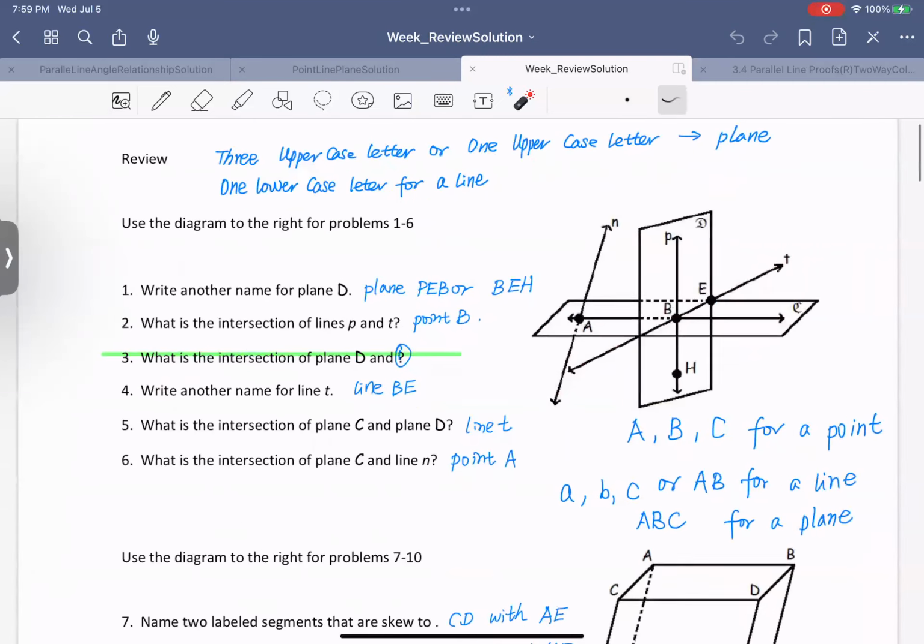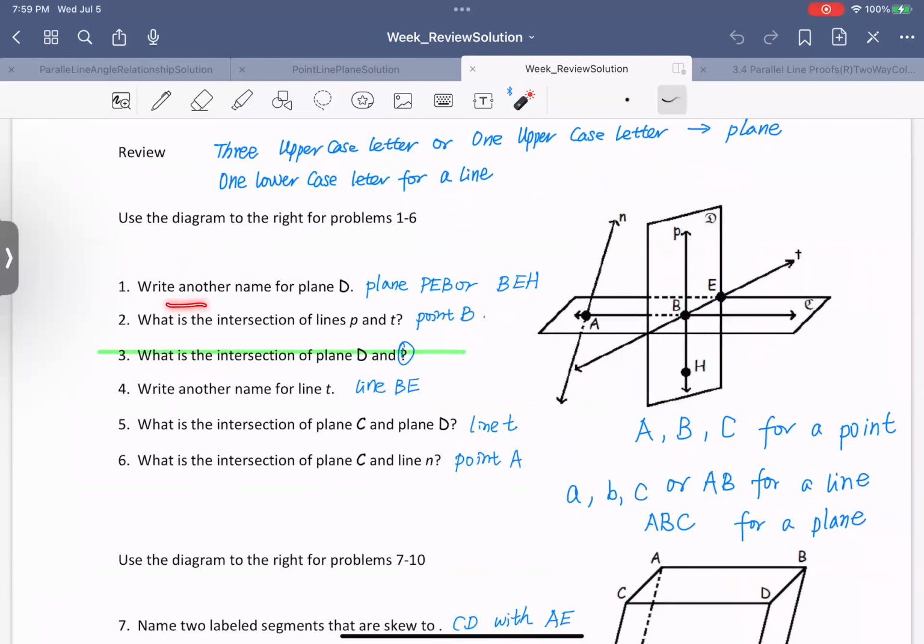Now look at here. They ask you for another name for plane D. The plane D is showing right here, and you want to give another name. So you can see this one has capital P, capital B, capital H. You can say P, B, E, the three letters, to represent this plane.